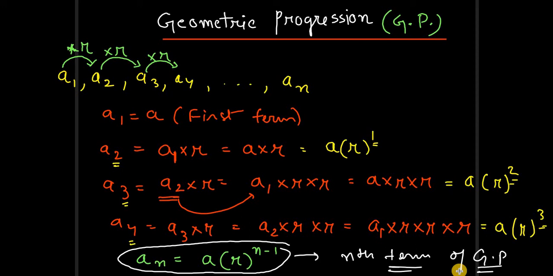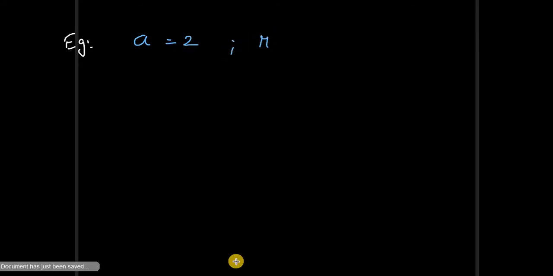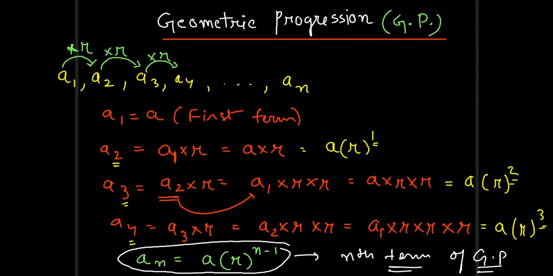So let's go ahead and take an example. Let's say our first term, that is a, is 2, and I forgot to tell you what r is over here. Why have I taken r?